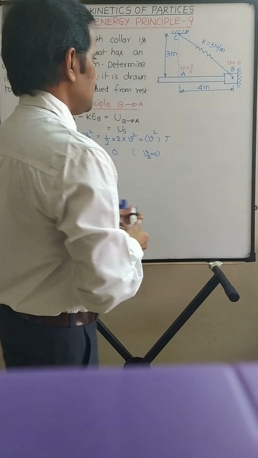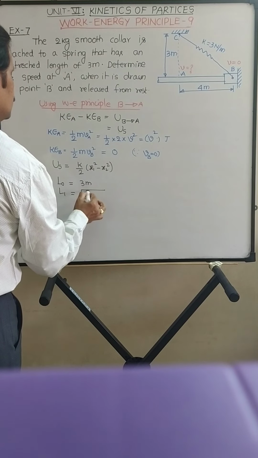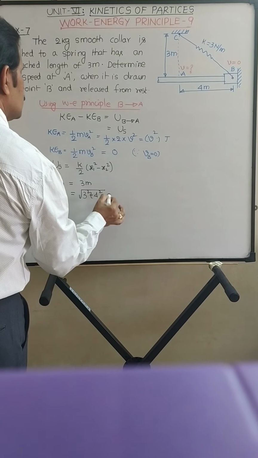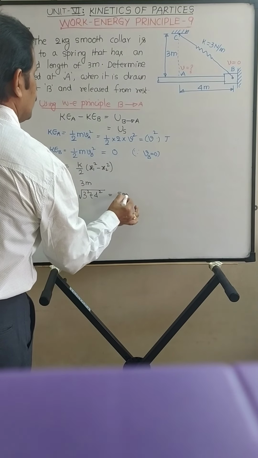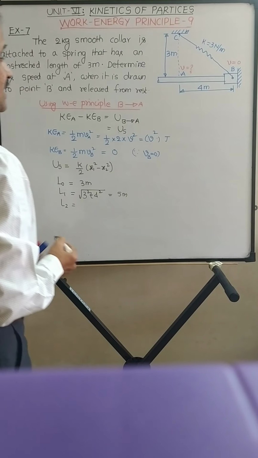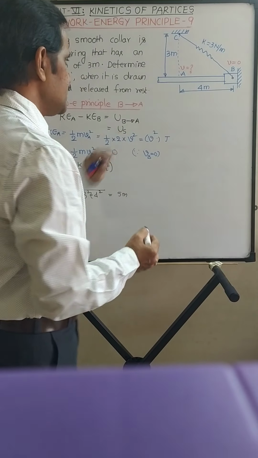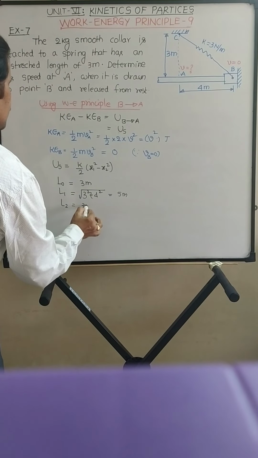So the length of this hypotenuse is square root of 3 squared plus 4 squared. That is 5 meters. And what is L2? Length of the spring in the second position. When the collar is at A, its length is 3 meters.